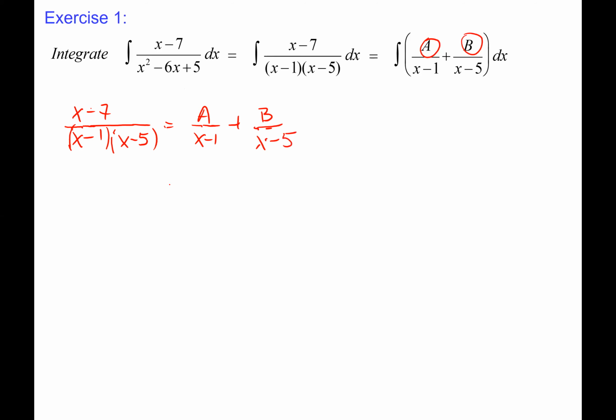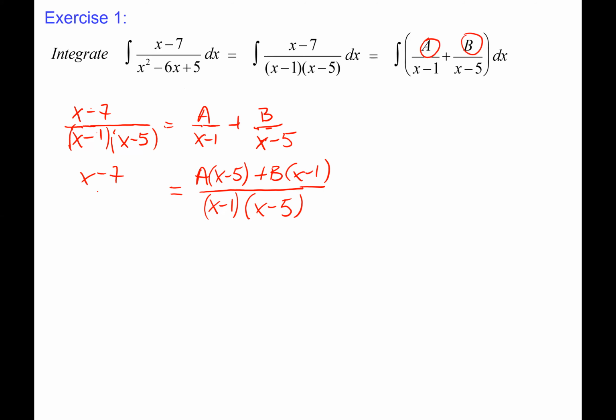x minus 5. And I would like to match my right-hand side to the left-hand side. That means I will keep my A and B to get the common denominator again. The common denominator is x minus 1, x minus 5, and A we have to multiply by x minus 5, and the coefficient B we have to multiply by x minus 1.